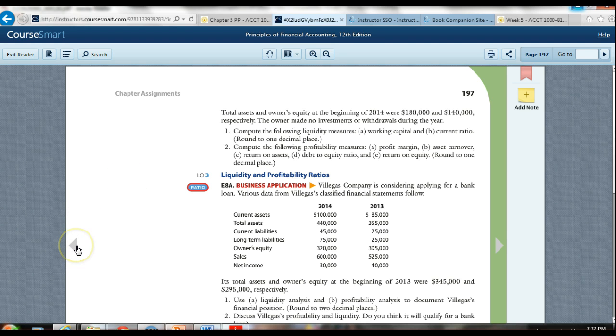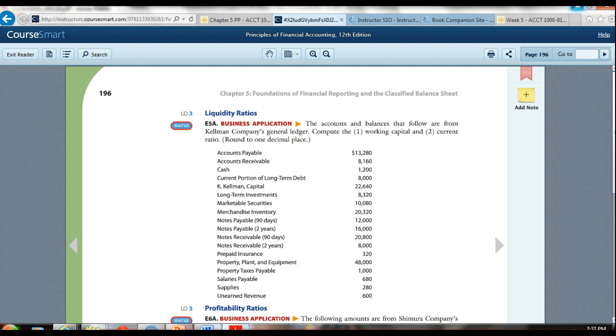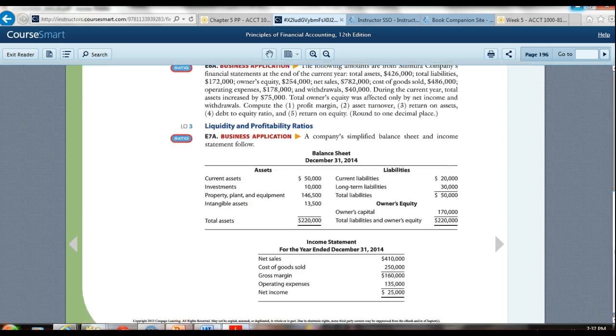So if we need to compute working capital, what is it we need? Working capital is current assets minus current liabilities. Perfect. So current assets are 220,000 on E7A, E7.